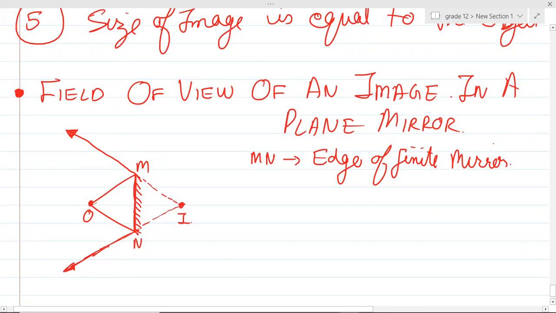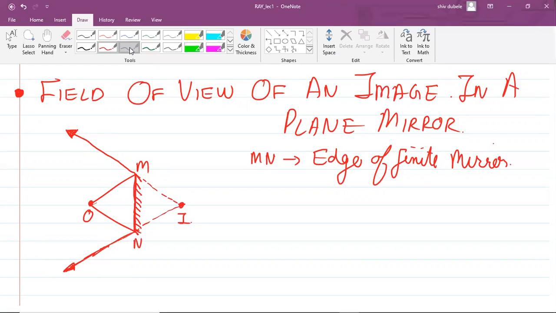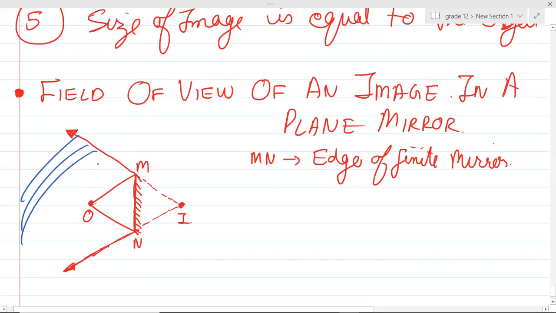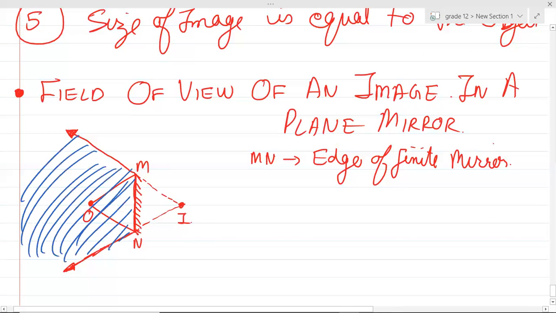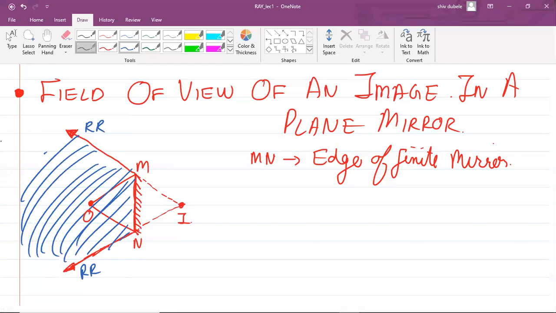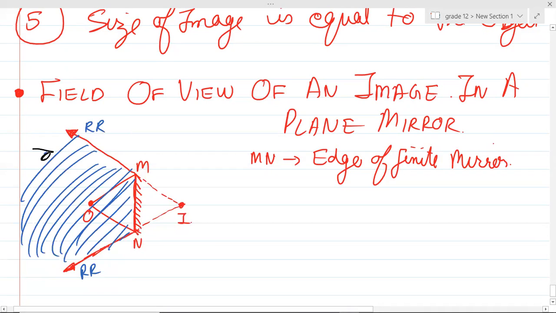So guys, can you see this region in front of the mirror between these two reflected rays which are reflecting from the edges? Suppose if I have any observer, suppose this is, let's say, Mridul.